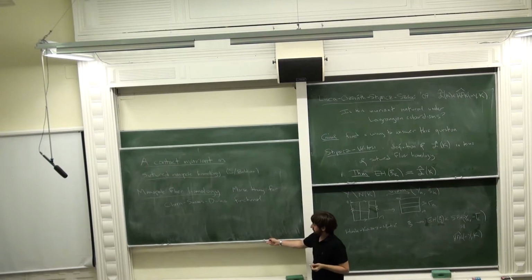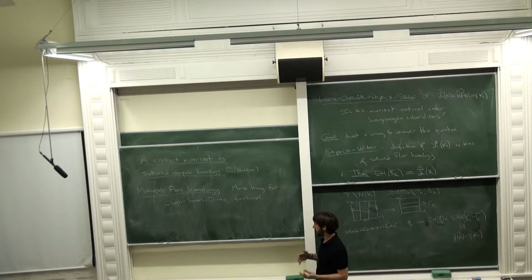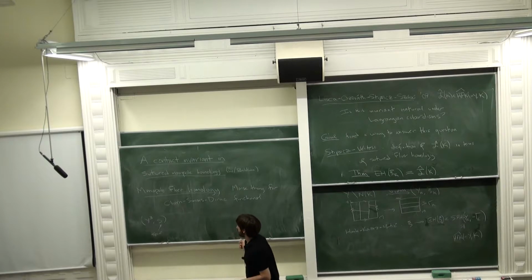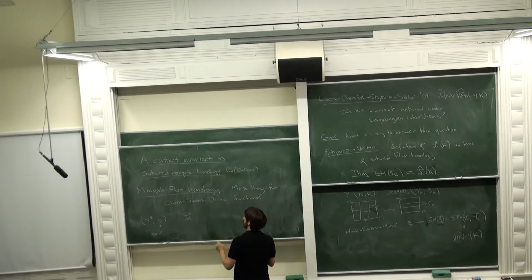Namely, from Tom's talk yesterday, you remember that instanton homology is sort of a version of Morse homology for the Chern-Simons functional. For the Chern-Simons-Dirac functional on a three-manifold, suppose we have a three-manifold Y and a spin^c structure. Well, what does the Chern-Simons-Dirac functional compute?